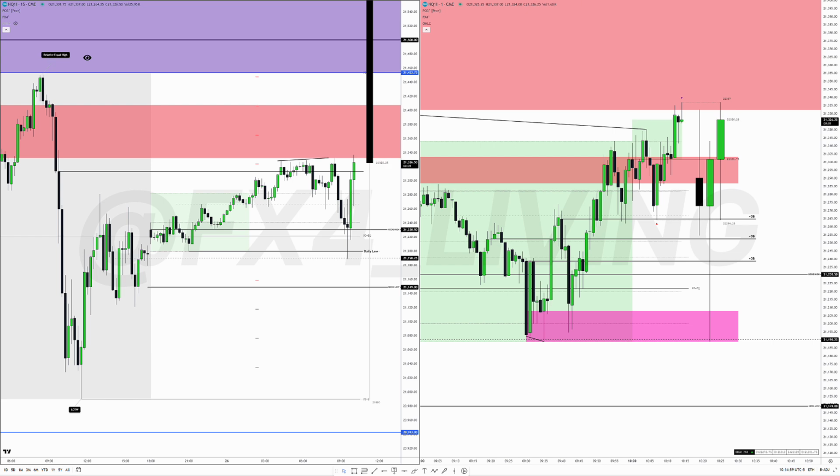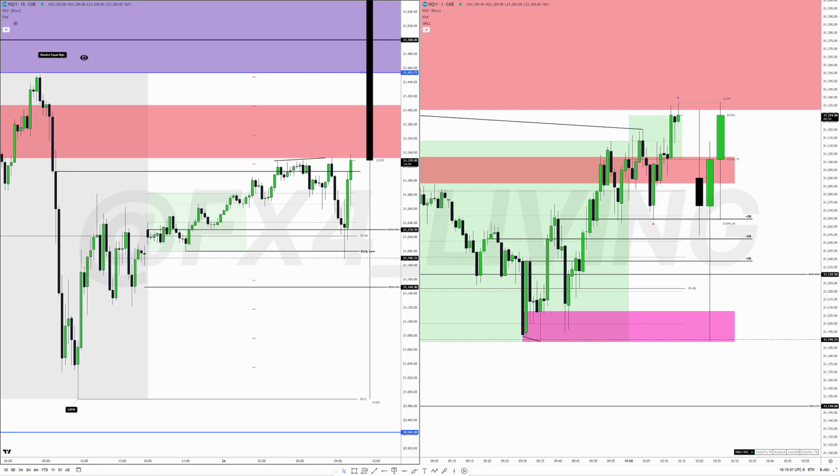That's the language. But ICT created a language to be able to read and define what you see right now on the market. What is the definition of this candle? What is the definition of this candle? And if you can read or understand or define what you see, it's just easier to engage. That's basically what it is.